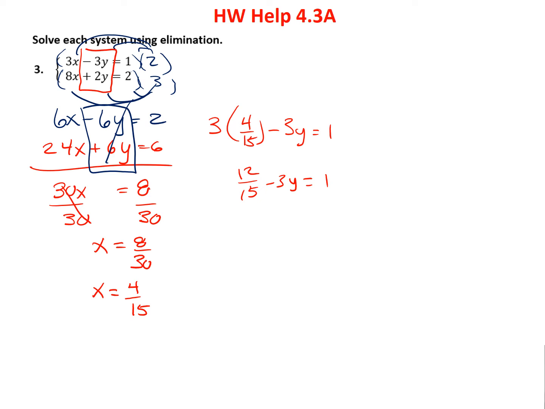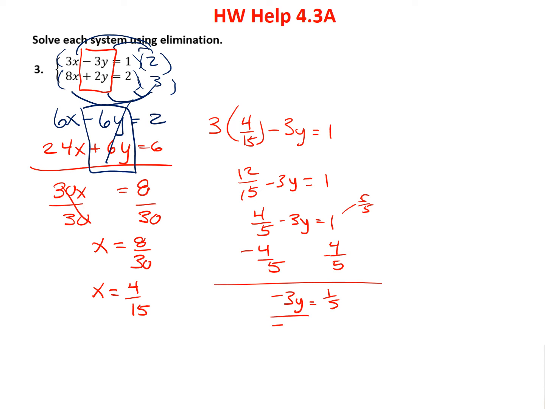Or I can divide a 3 out of each of those, and this is 4/5 minus 3y equals 1. So let's subtract 4/5 from both sides. I have minus 3y equals 1 whole, which is just 5/5. 5/5 minus 4/5 is 1/5. Okay? So now we're going to divide by minus 3.